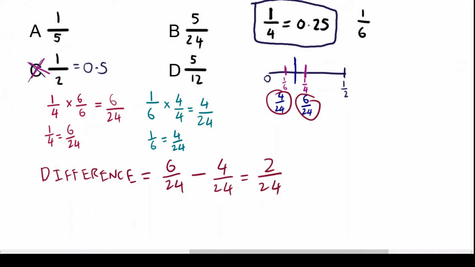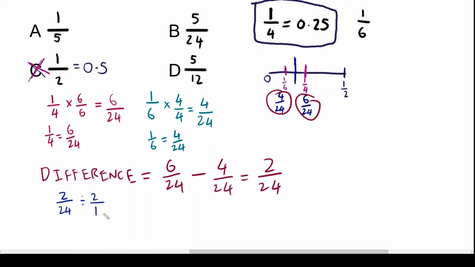Then I need to divide that by 2. So I'm going to need to divide that number by 2. That's the difference between them, and 2 over 24, I need to divide that by 2.